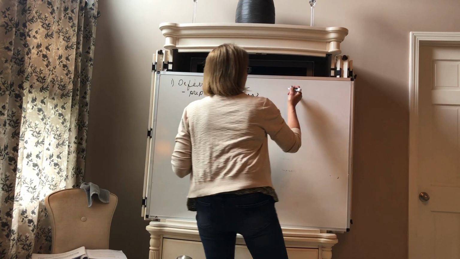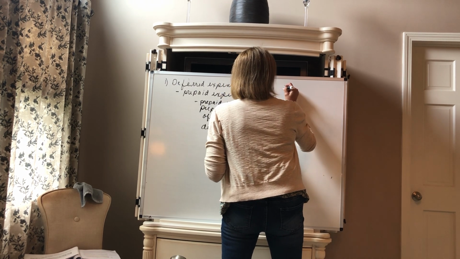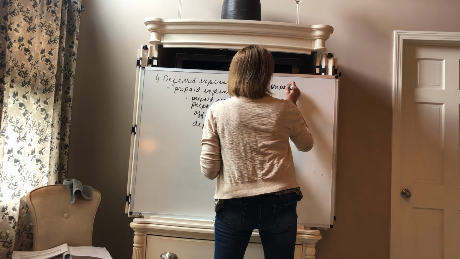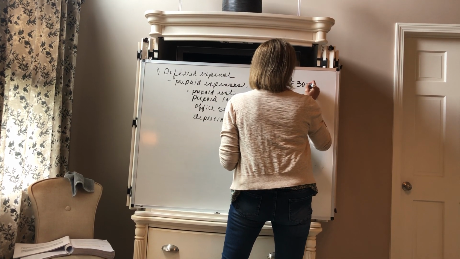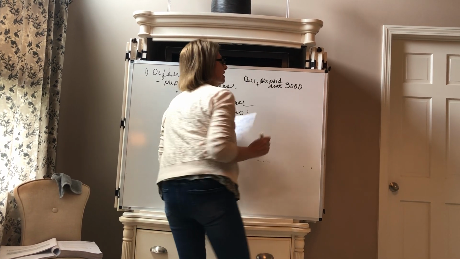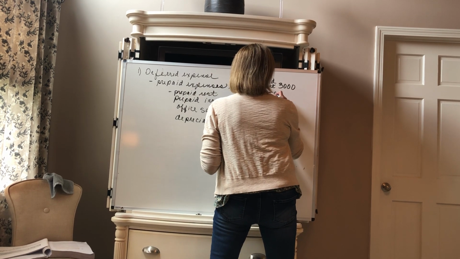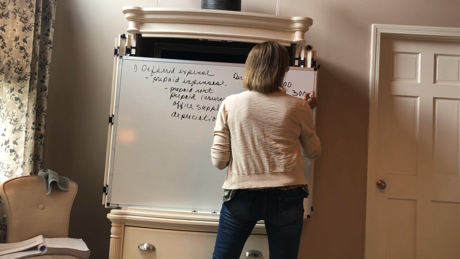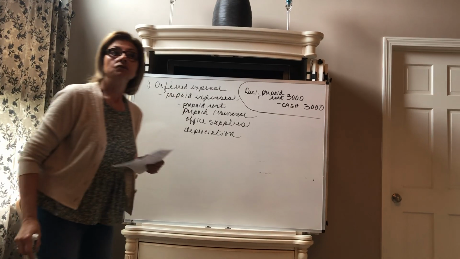So this is what it would look like December 1st. We would have prepaid rent, and we would have debited that for $3,000 because our asset of prepaid is increasing, and then we would have credited cash. This is not the adjusting entry, this is the initial entry for the prepay of the rent.